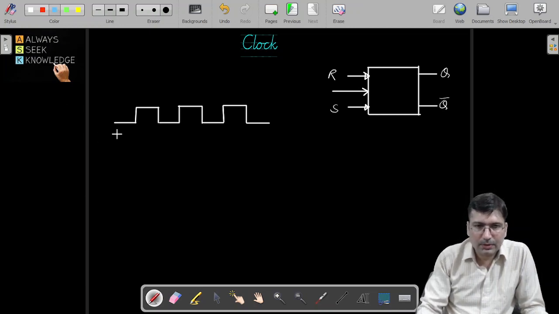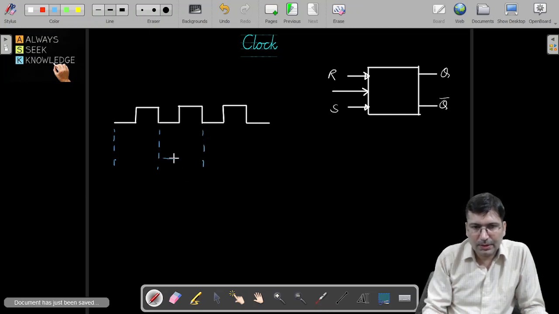Now in this clock, there are a few things we need to remember: the clock has a time period. A signal is low and then high, and again the same thing starts repeating.